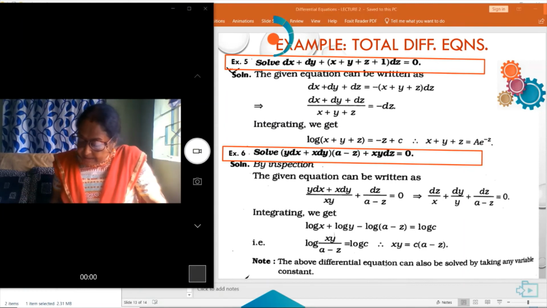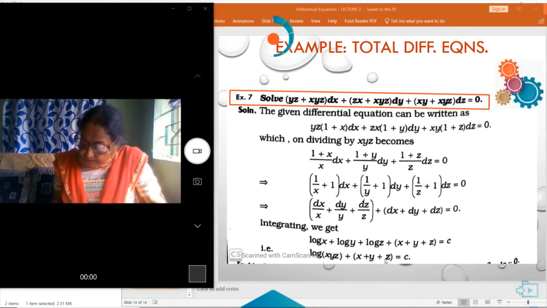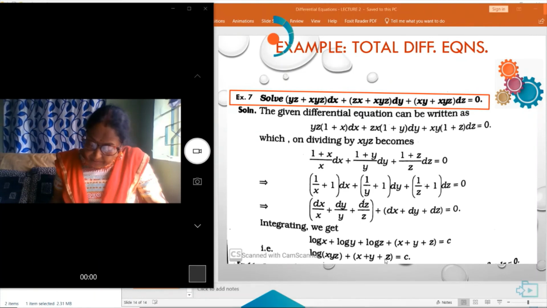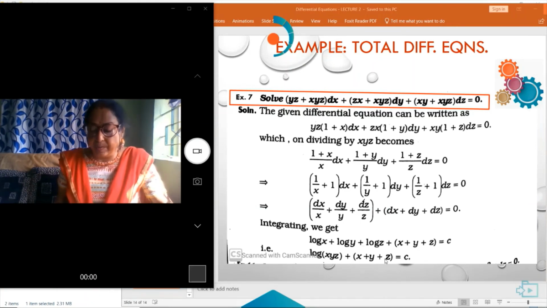Take another example. Solve yz plus xyz into dx plus zx plus xyz dy plus xy plus xyz dz is equal to 0.